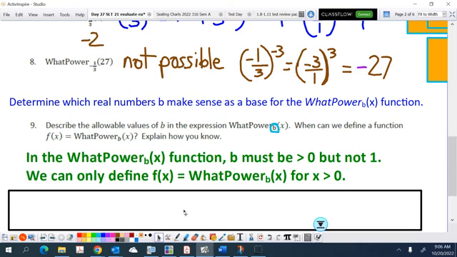So think about this. It's like your exponentials. Your b, your base, can be between 0 and 1, and your b can be greater than 1. It cannot be negative, and it cannot be 1. So we mostly define our bases as I said, between 0 and 1 or greater than 1.